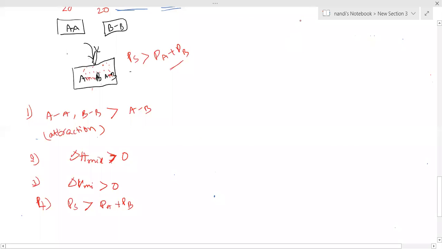Delta S is always positive. Already we have given that for intermixing of solutions. Delta S mixture is positive, meaning greater than 0.